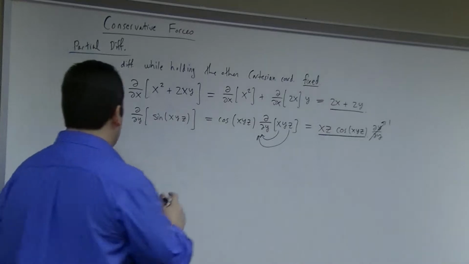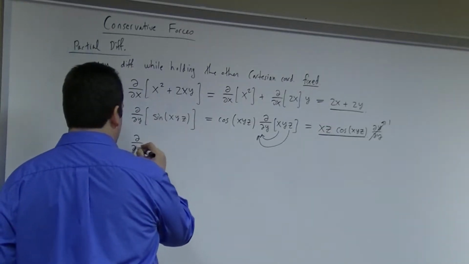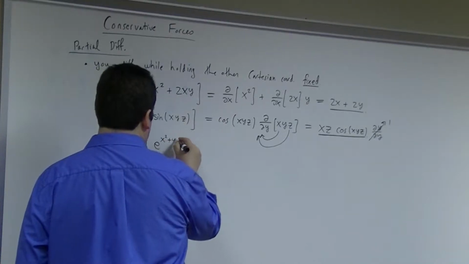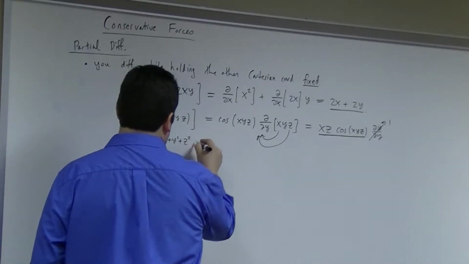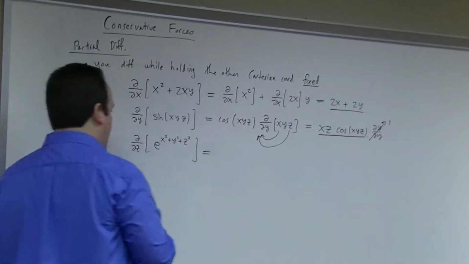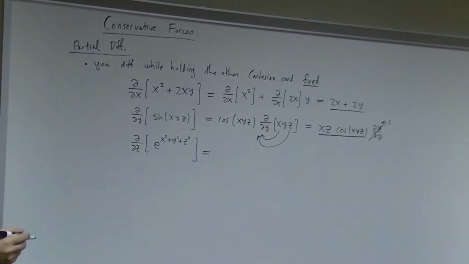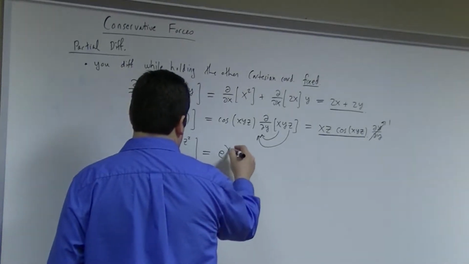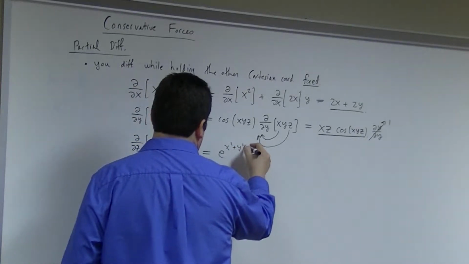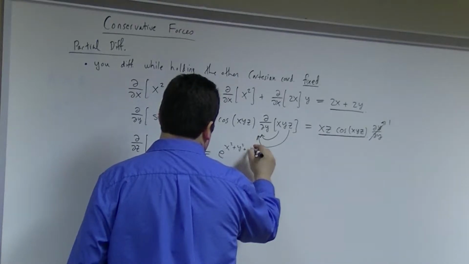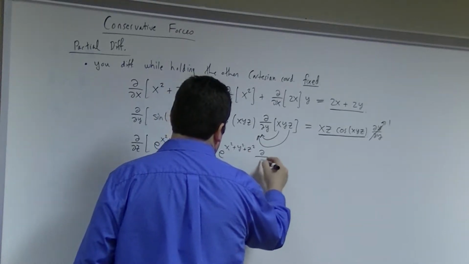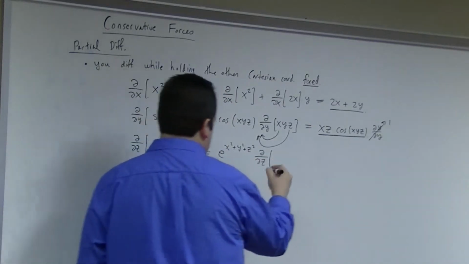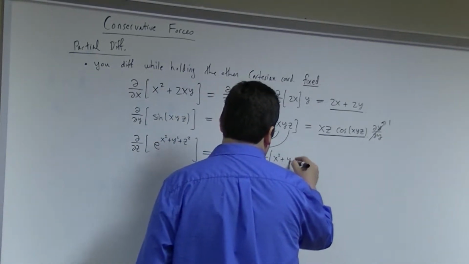Here, another example. Partial z of the exponential of x squared plus y squared plus z squared. How would that work? Chain rule again, right? So I do the exponential of the thing. And then I have to multiply by partial z of the argument of the exponential, which in this case was x squared plus y squared plus z squared.